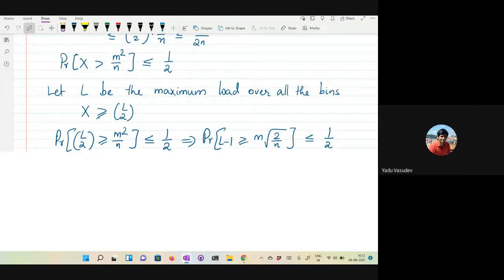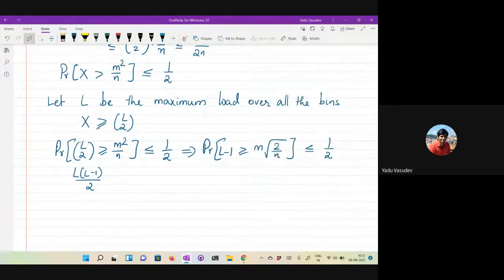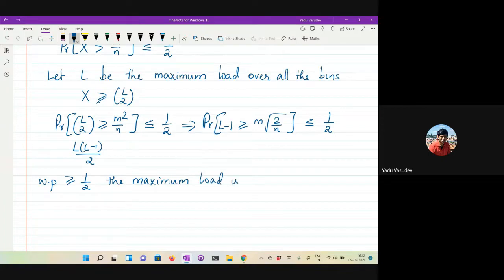So what this tells you is that with probability at least half, the maximum load is at most 1 plus m times square root 2 divided by n.